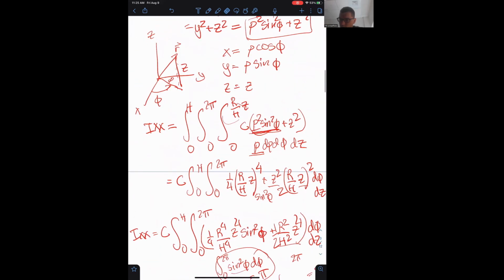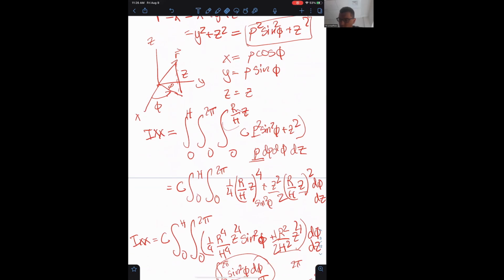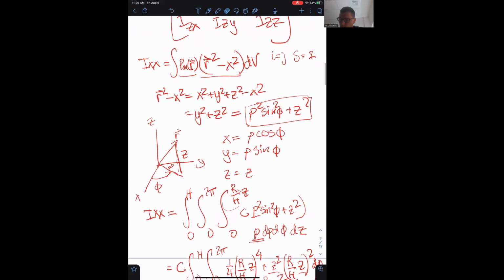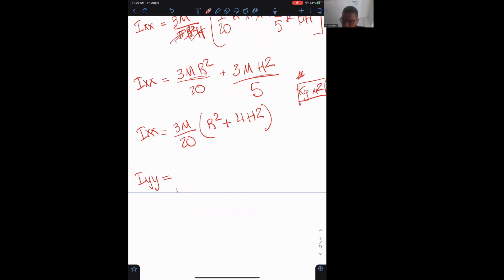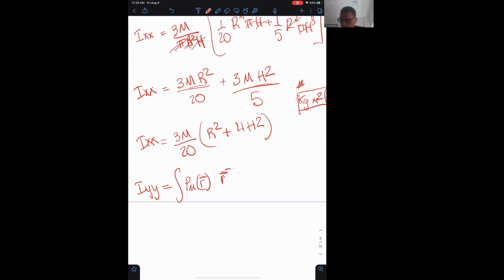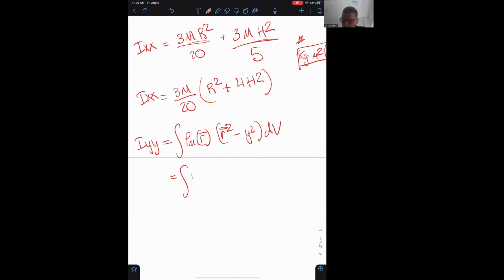The only difference is that instead of the y we have minus the y, so it's actually just the integral of r squared minus y squared dV, which is x squared plus y squared plus z squared minus y squared, so it's x squared plus z squared. So it's very similar to Ixx.